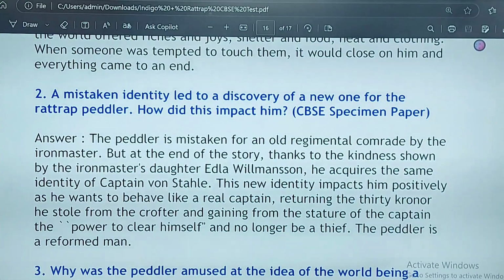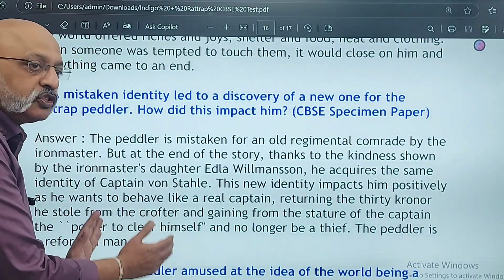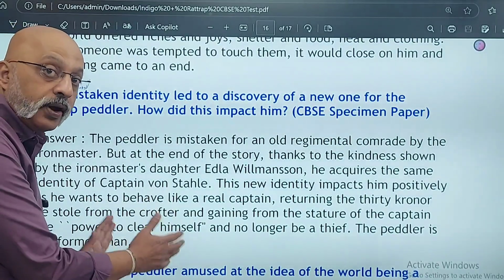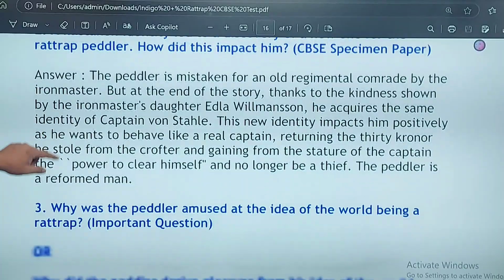This new identity impacts him positively as he wants to behave like a real captain, returning the 30 kroner he stole from the crofter and gaining from the stature of the captain the power to clear himself. I have used a phrase from the story, which will again earn you brownie points and extra marks. He can no longer be a thief. The peddler is a reformed man.